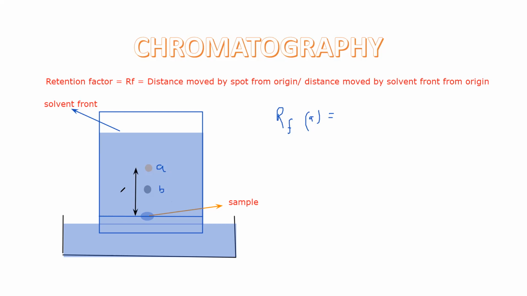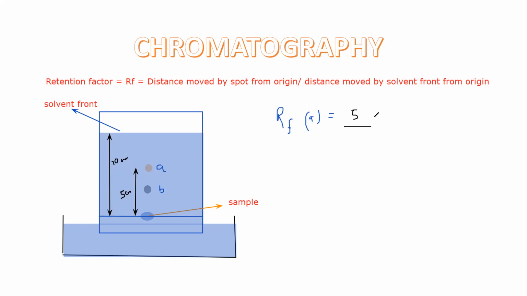For example, this distance is 5 centimeters, divided by the distance moved by the solvent. For example, the solvent rises to 10 centimeters from the origin.